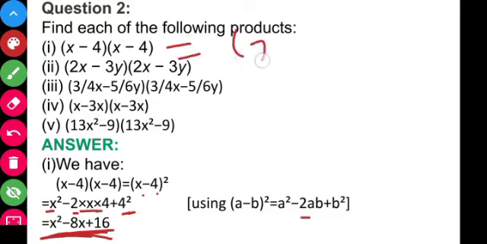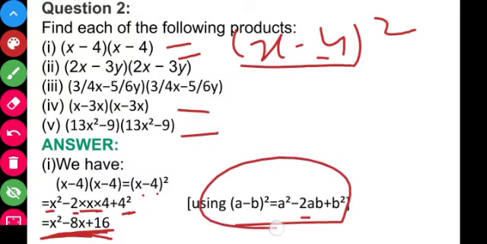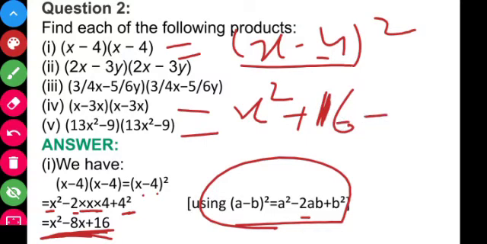This will be x minus 4 whole square. So here, what is the expression? By using this expression, x square plus 4 square. So 4 square is 16, plus, minus, it is a minus b whole square. So it will be minus 2ab.